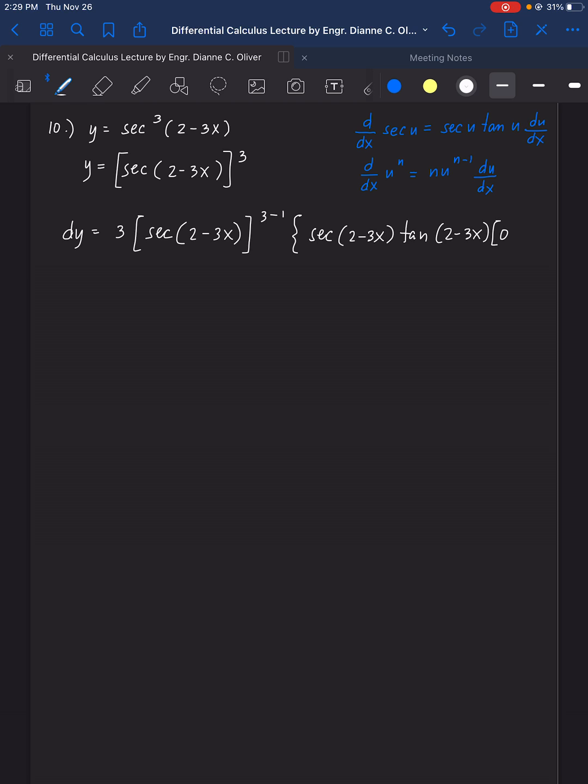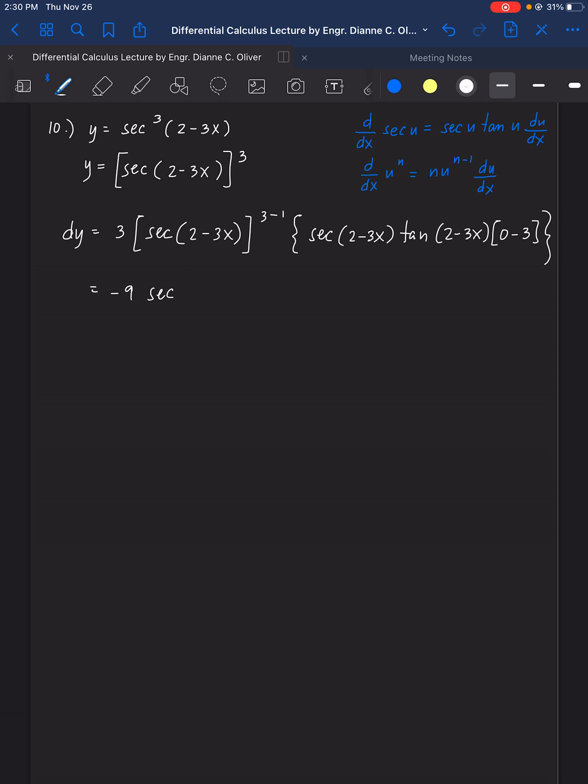Derivative of 2 is 0 minus derivative of 3x is 3. And then let's simplify. This is now 3, then another 3 there, so we have there negative 9.